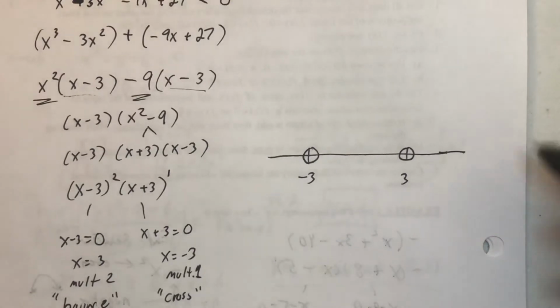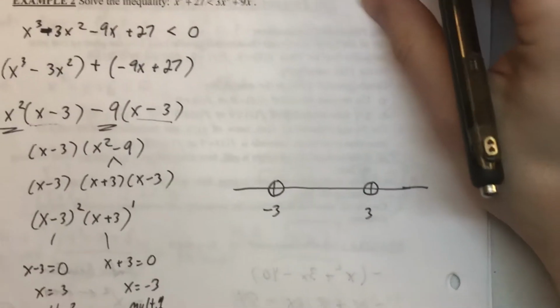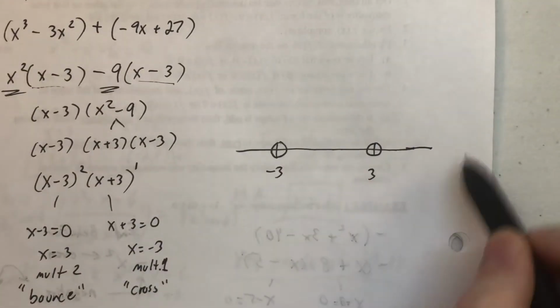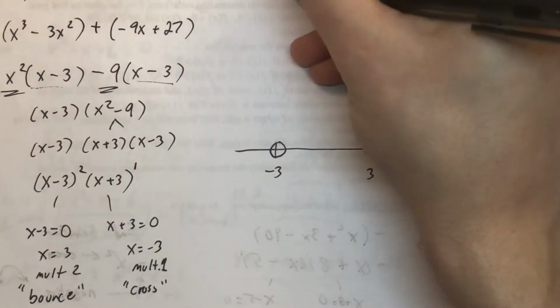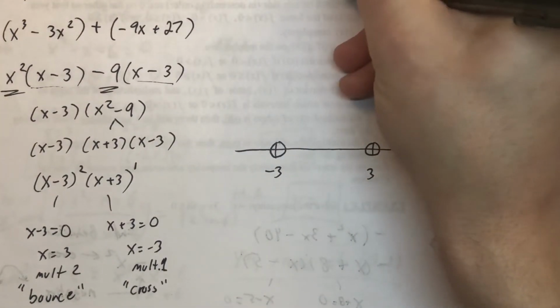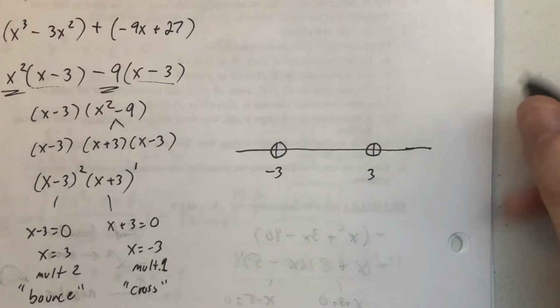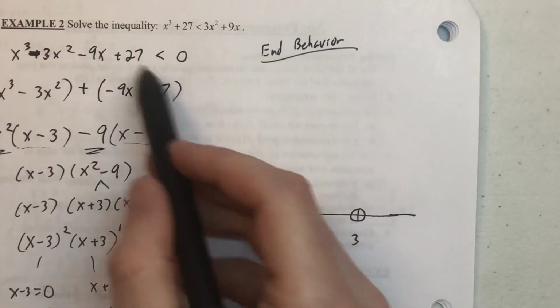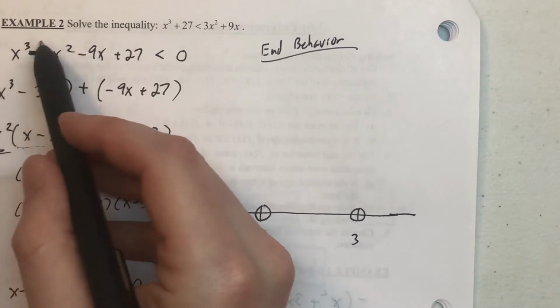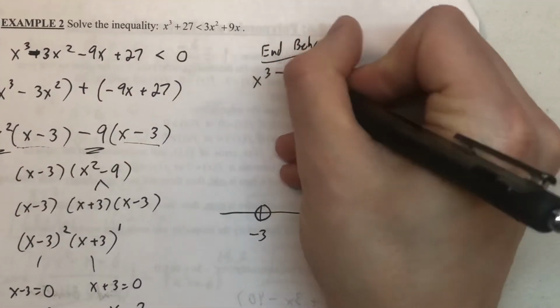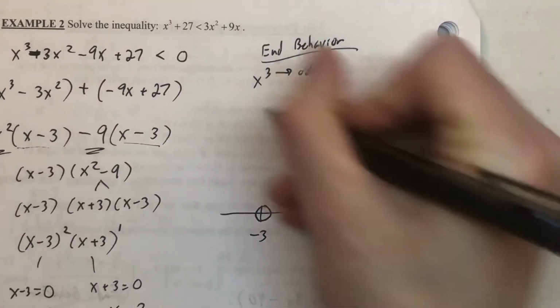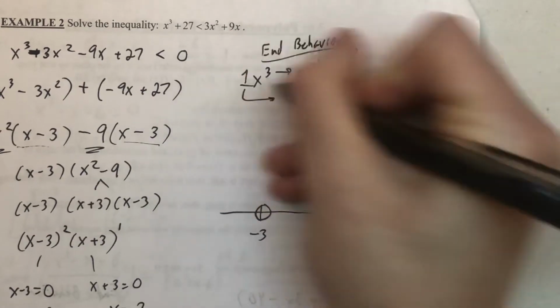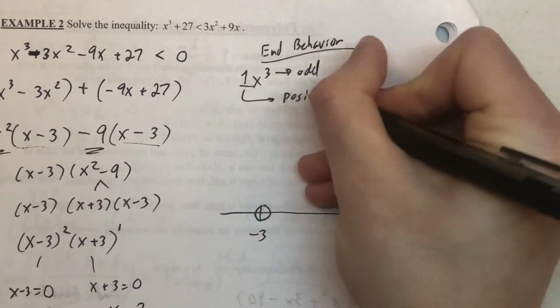Now, beyond that, we can start to fill in the signs of what's happening here. We'll start that by determining end behavior. So the end behavior of this function, once it's in this form, was x cubed. X cubed is odd, and notice the number out front of it is a positive one, so positive.